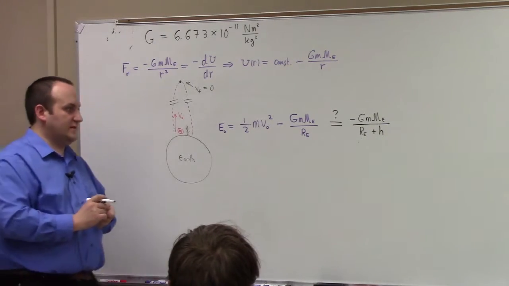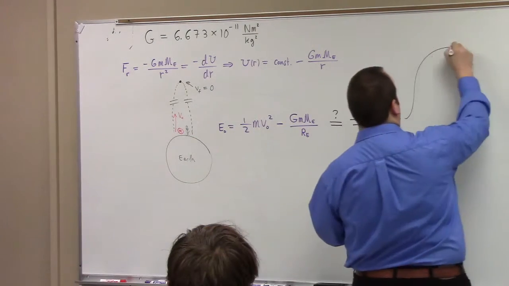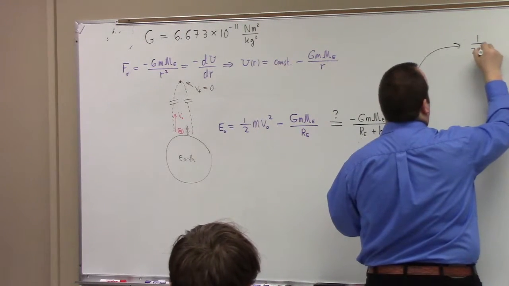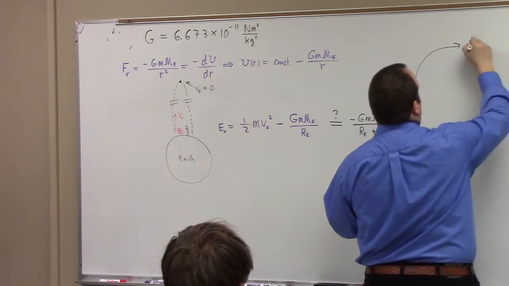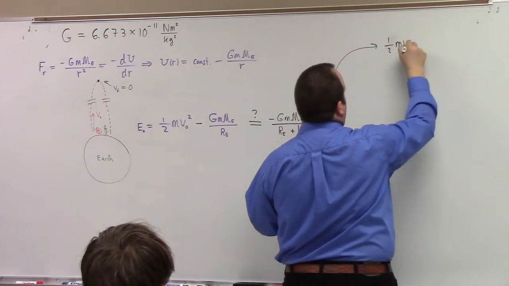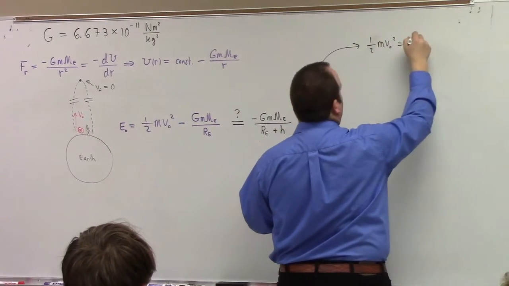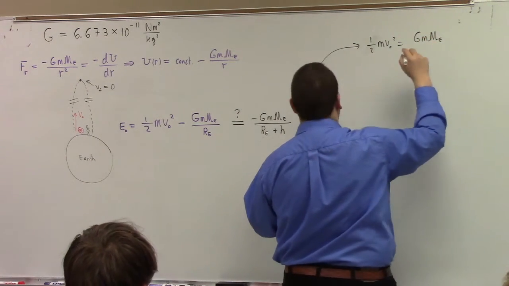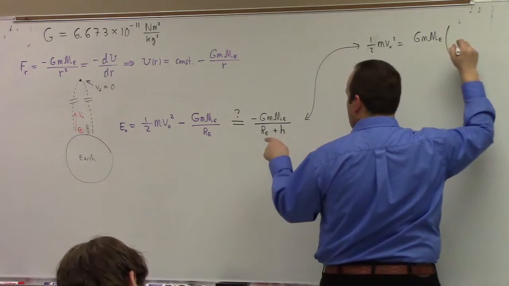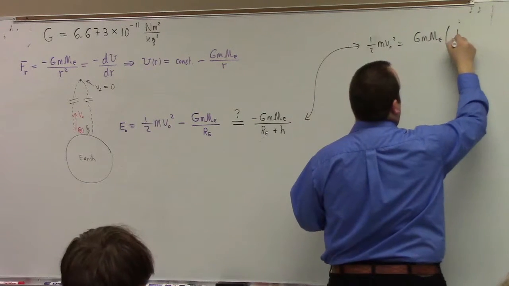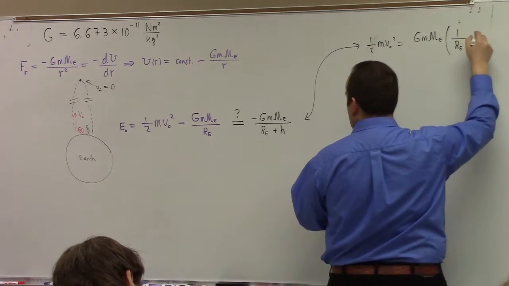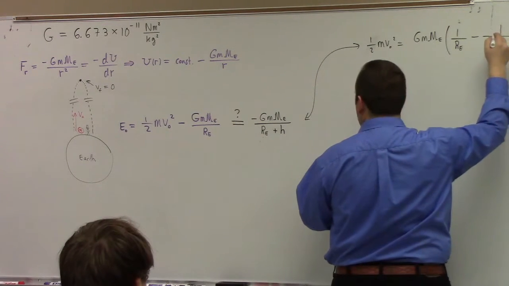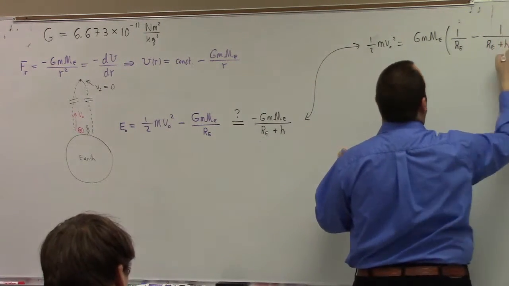Now, this question is the same as what question? This is the same as the question, can you solve 1/2 m v naught squared equal to G m M_E, right? Times what? Times 1 over the radius of the Earth minus 1 over the radius of the Earth plus h, right?